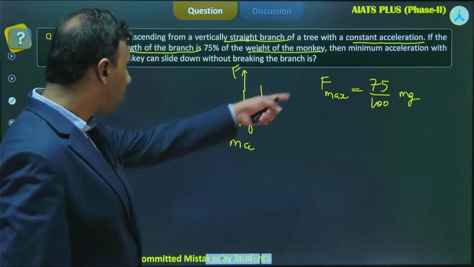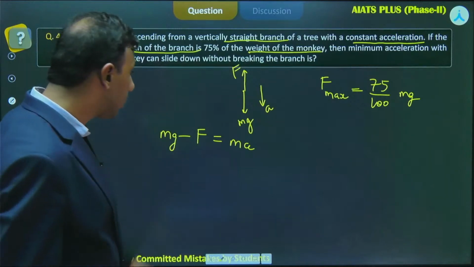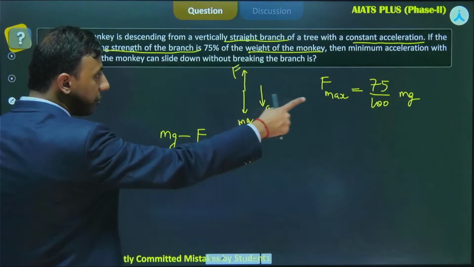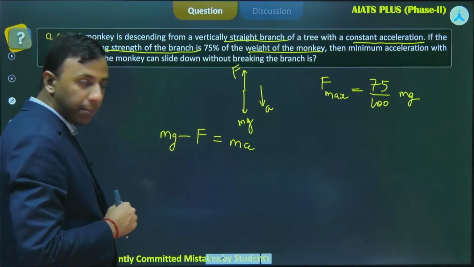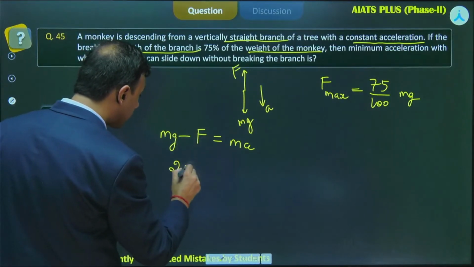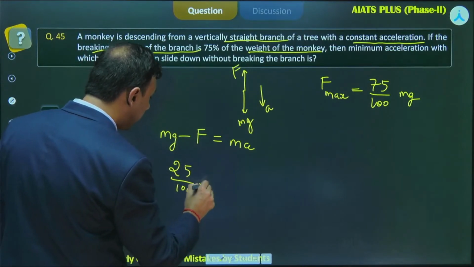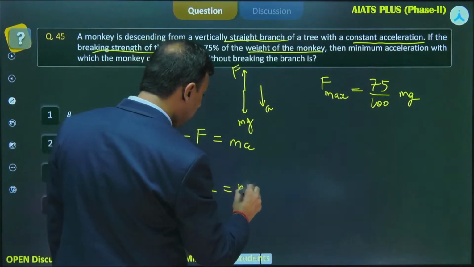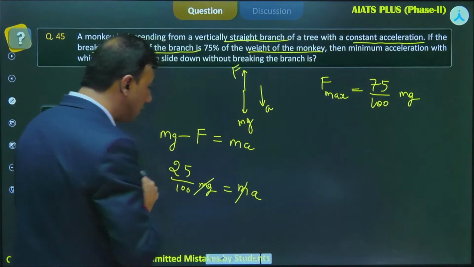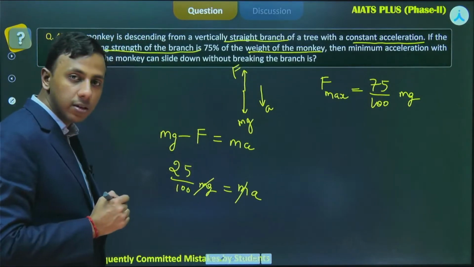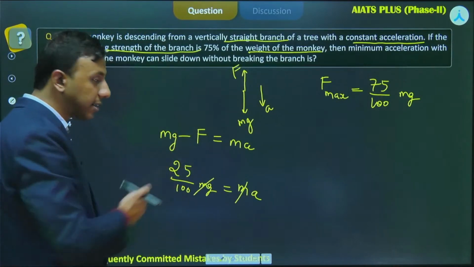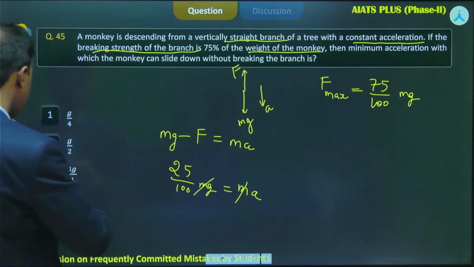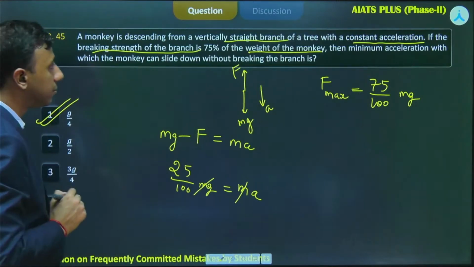You can put that value over here, 75 by 100 into mg. You subtract them, so it becomes 25 by 100 into mg, and this is equal to m into a. M cancels, and 25 and 100 also cancel, so it becomes 1 by 4. So acceleration becomes g by 4.